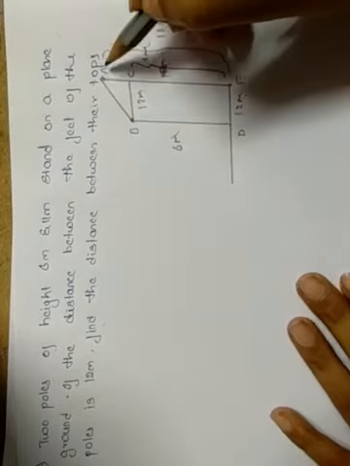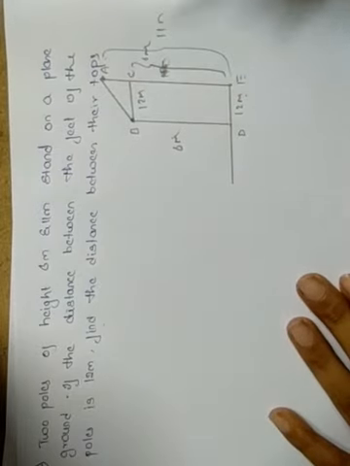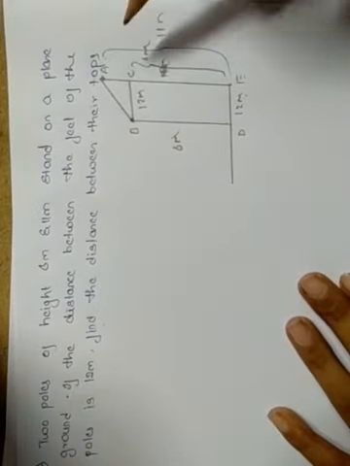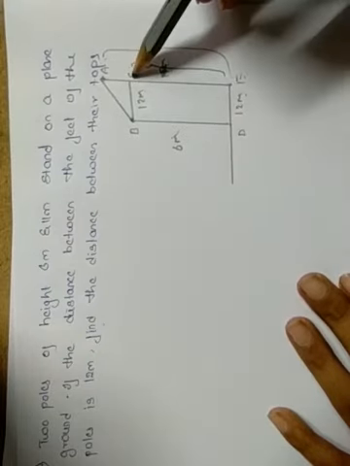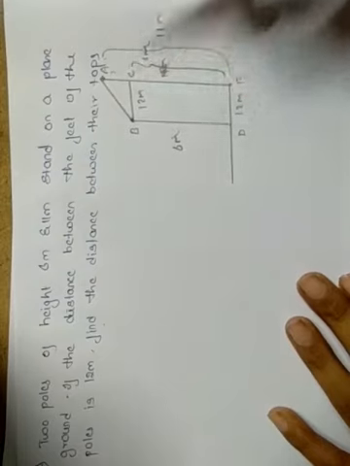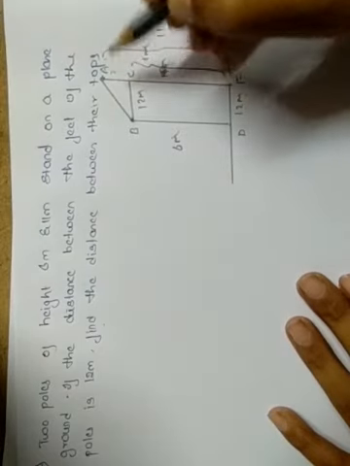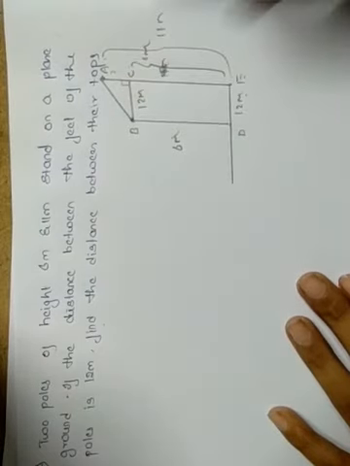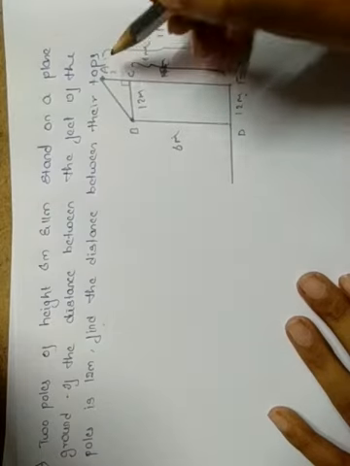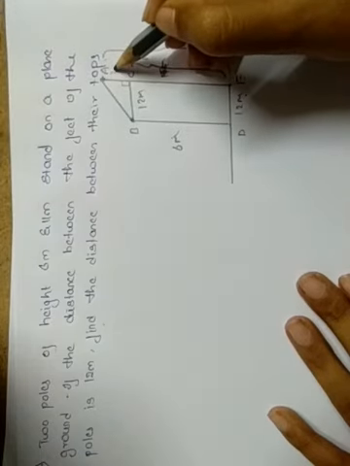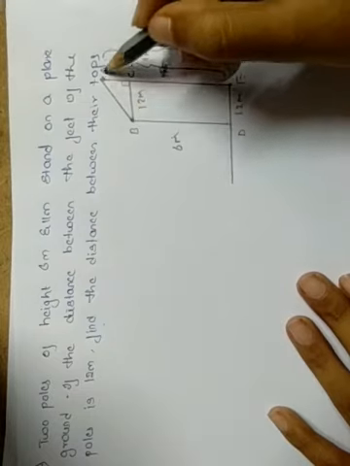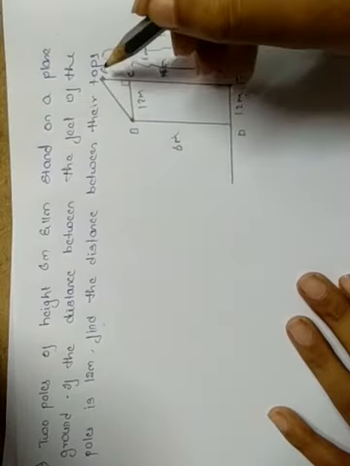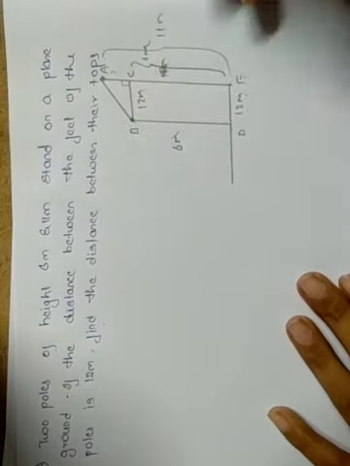But here we don't know AC. To find AC, I'm going to subtract CE from AE. After getting this value, we have the two sides. You can observe that there is a right angle triangle, so we can apply the Pythagoras theorem to get the distance between the tops of the two poles, that is BA.